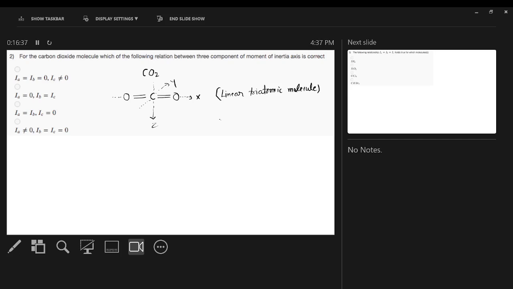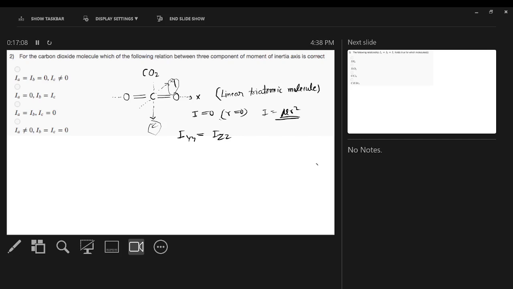So the moment of inertia I along the x-axis will be 0. Why? Because r is 0, and I is defined as mu r square. In the other two directions, y and z, I will be equal. So I_yy will be equal to I_zz. Why? Because of molecular symmetry. If the mass distribution along both axes were different, then the moment of inertia would be different.